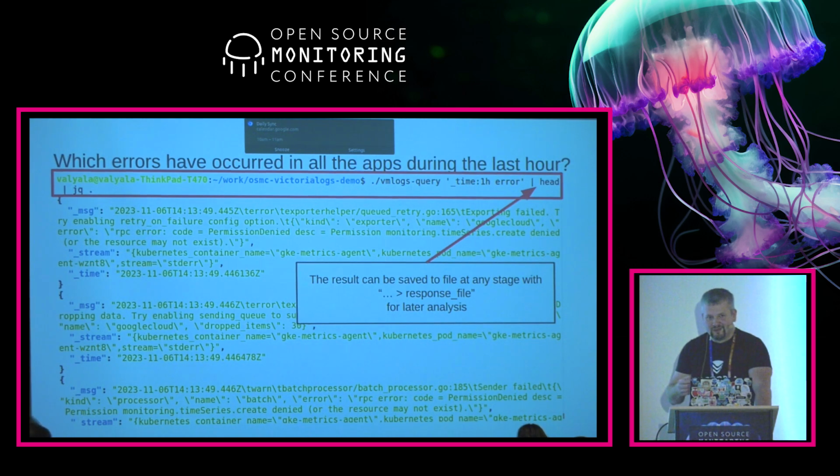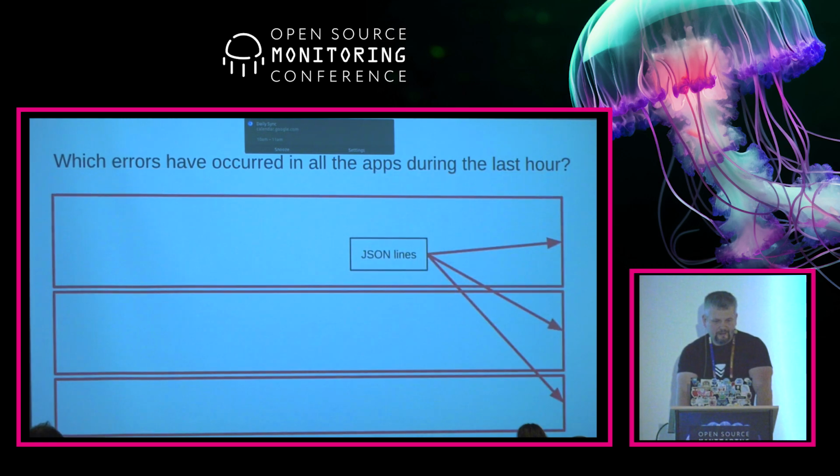For instance, you can save query results into a file for later analysis, and VictoriaLogs actually can return you billions of matching log lines without any issues, and you can store these billions of matching log lines into a file for later analysis.